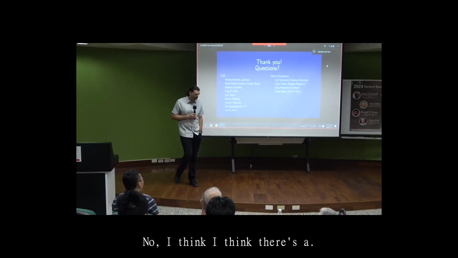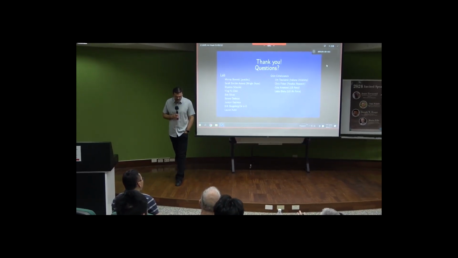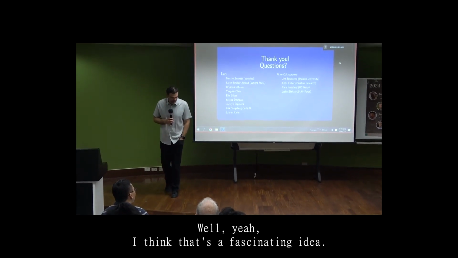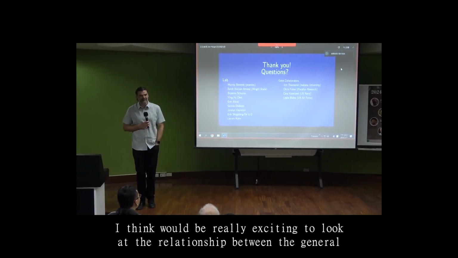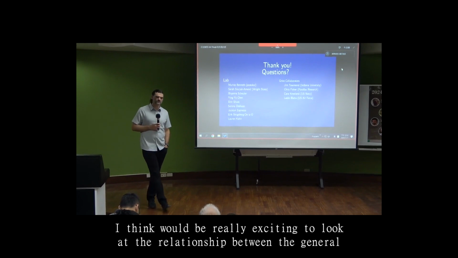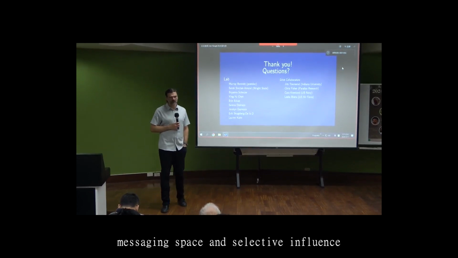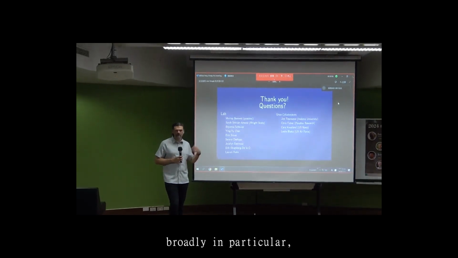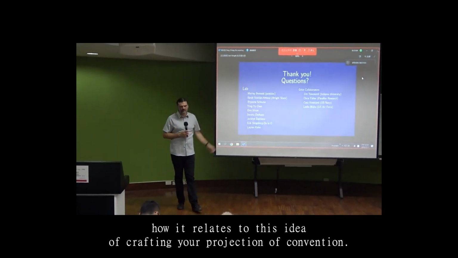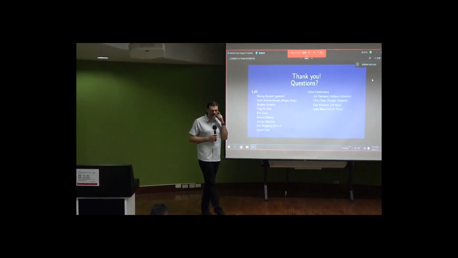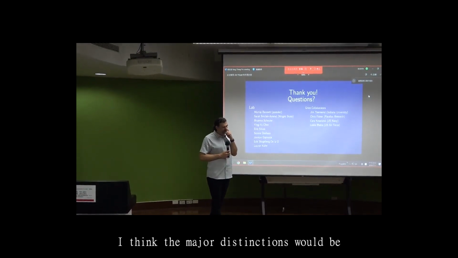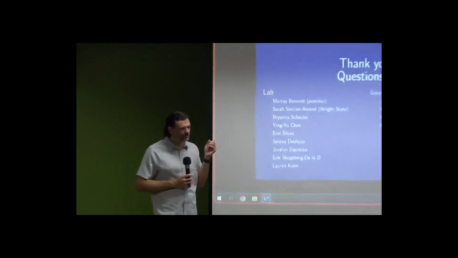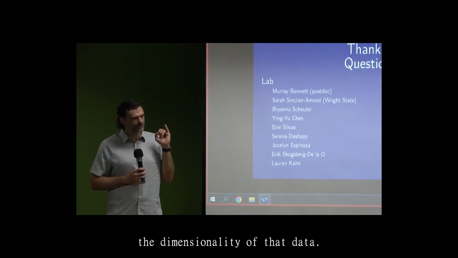Absolutely. First, I think that's a fascinating idea. I think it would be really exciting to look at the relationship between that generalized state space and selective influence broadly, in particular how it relates to this idea of coactivity, projection of dimension. I think the major distinction would be the dimensionality of the data.